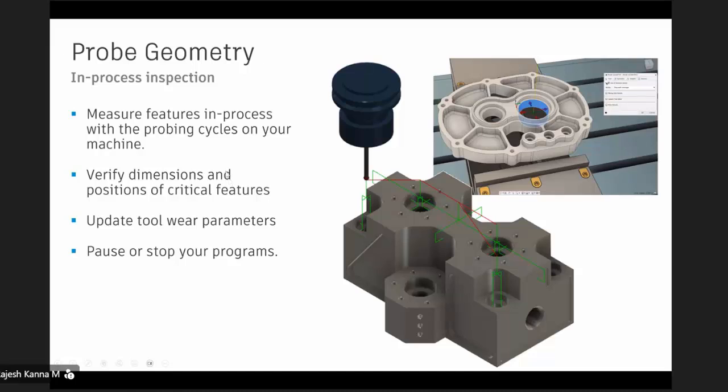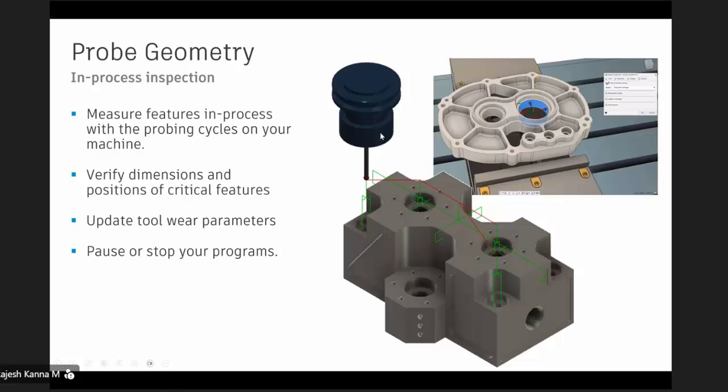And as I said, we also have the probing option for both geometrical inspection and surface inspection actually. So in this case, let's say your hole needs to be measured, so you can measure it by using the probe. Not only that, it automatically updates the tool offset actually. For example, you are doing a boring operation using something like an end mill.